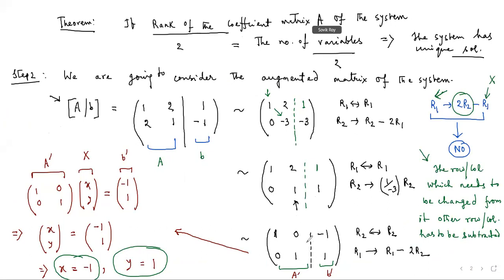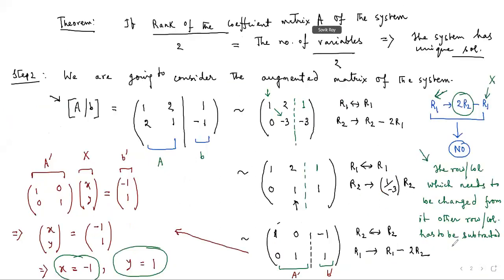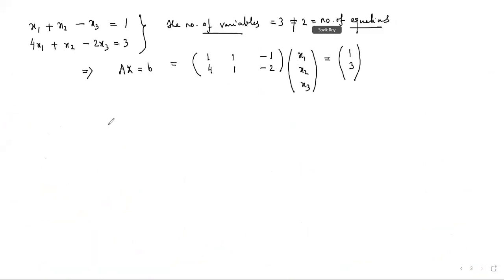See, the left hand side of this augmentation is 1001, which is similar to this one. So we are not going to waste time finding the rank of the given matrix; we start directly from the augmented matrix.